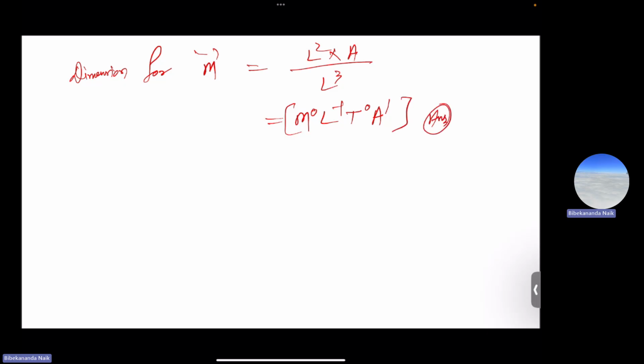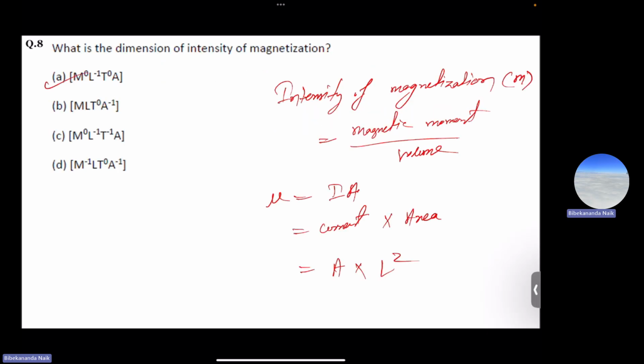So M0 L minus 1 T0 A1, that is option A. So the dimension of intensity of magnetization is M0 L minus 1 T0 A, because the intensity of magnetization formula is magnetic moment per unit volume. Magnetic moment is current into area. Area is length square, current is ampere A, then divided by L cube. So this is the correct answer.